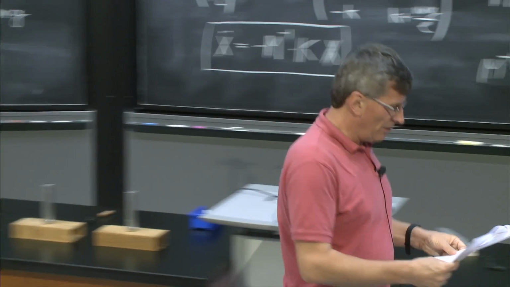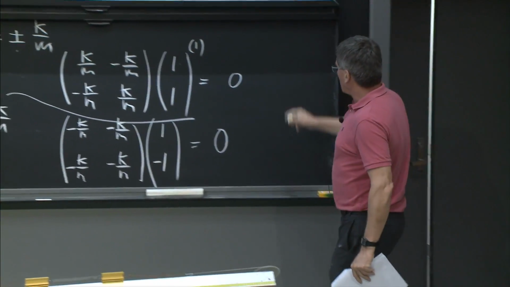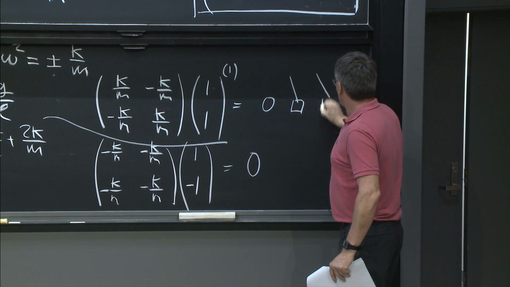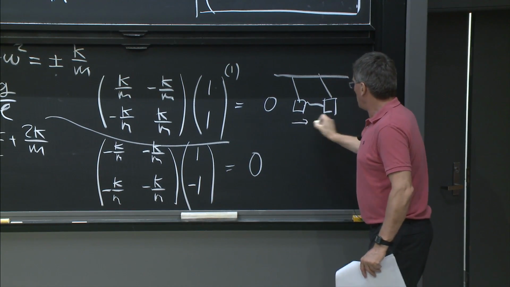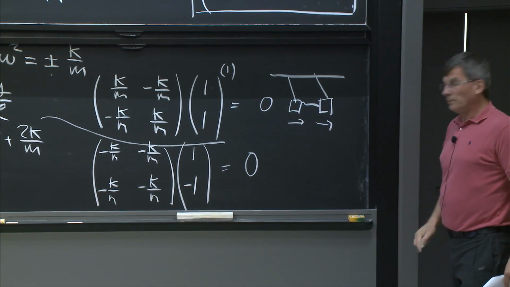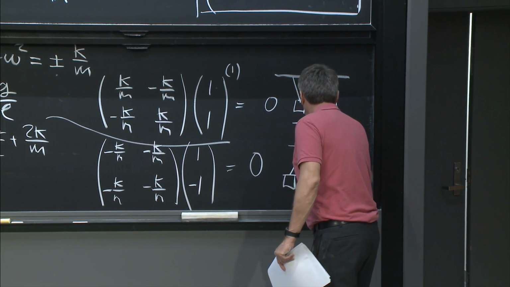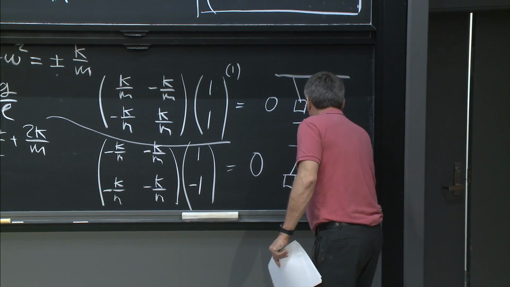So maybe graphically I can write down that this is the oscillation that corresponds to this type of mode, where those two masses move together. And this is the oscillation that corresponds to a mode where the masses move in opposite directions.